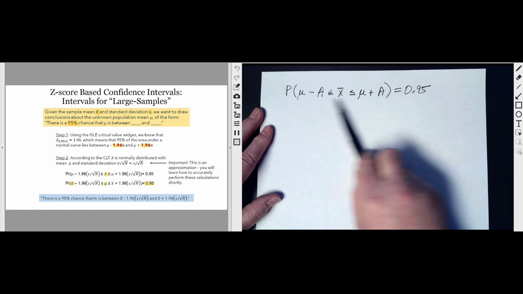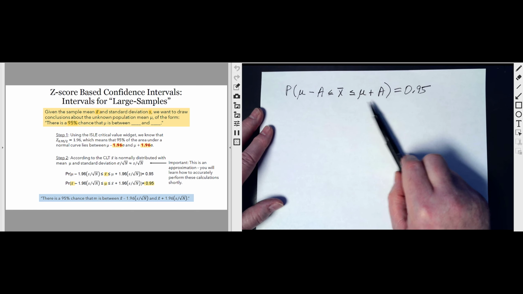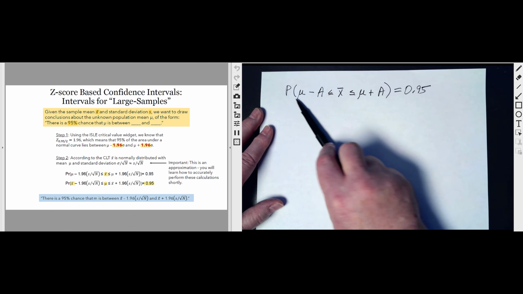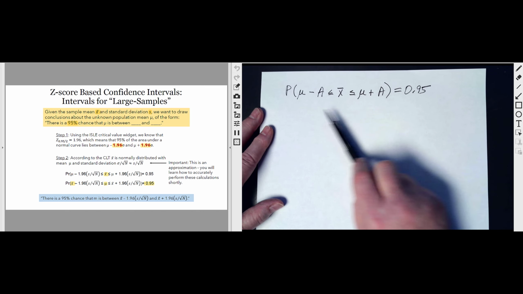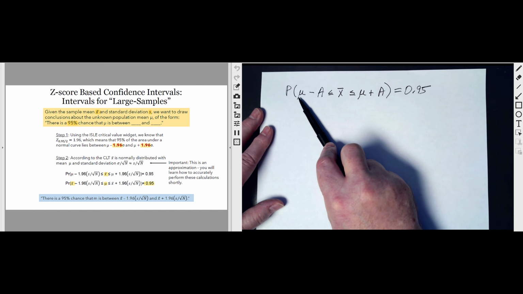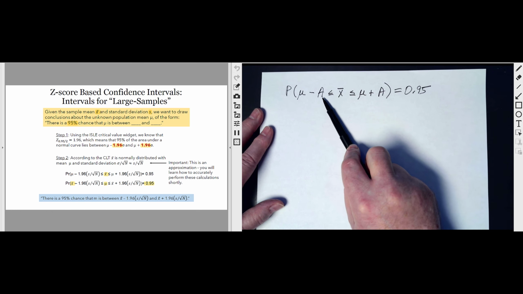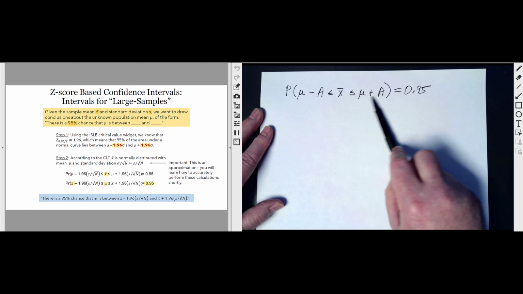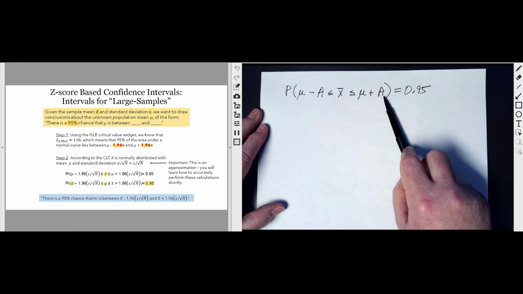So this is what we start with from the central limit theorem. There's a 95% probability that when we draw a sample from this population, the sample mean will fall within this interval, population mean minus 1.96 standard deviations and population mean plus 1.96 standard deviations.